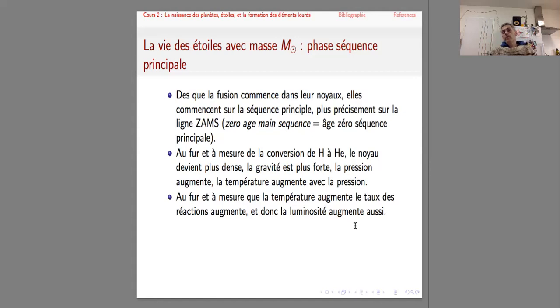The more hydrogen you fuse into helium in the central regions, the hotter the star becomes, and the greater the luminosity, the greater the energy output. So an implication of this is that the sun used to be weaker than it is today.